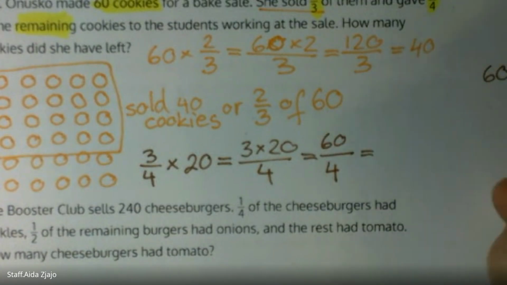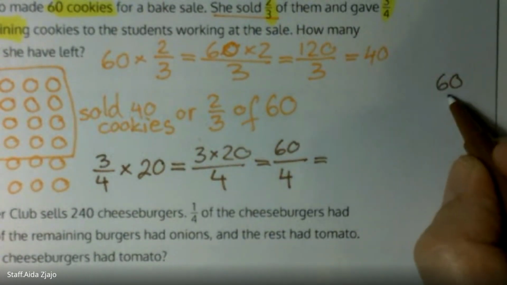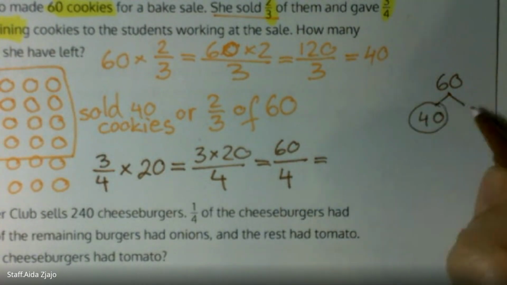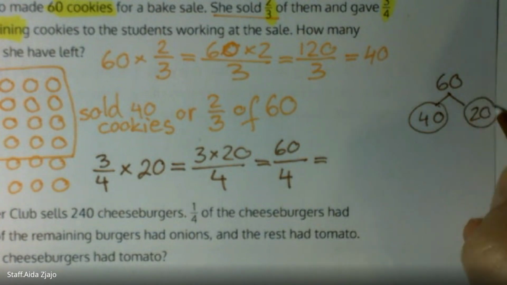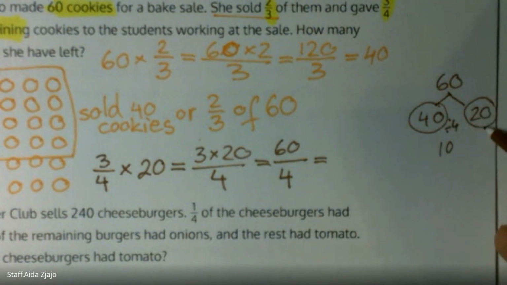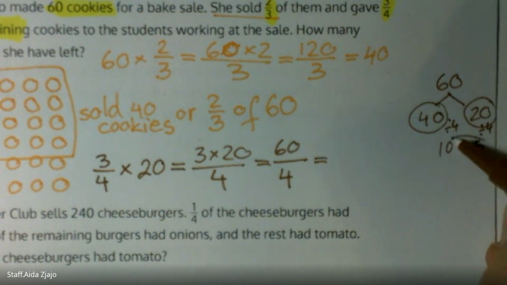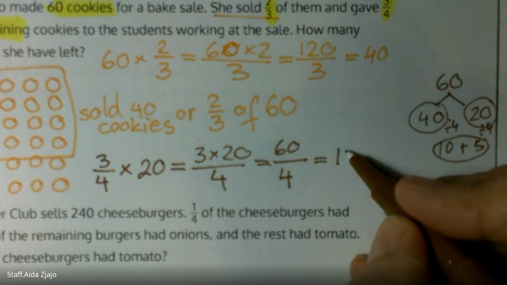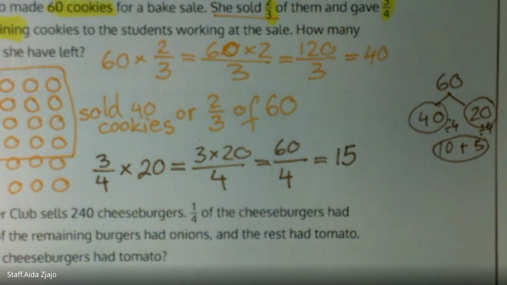If you think about 60 and divide it into 4, you can break 60 into 40 and 20, and then 40 divided by 4 is 10, and 20 divided by 4 is 5. So together, 60 divided by 4 would be 15. That's one strategy to think about.